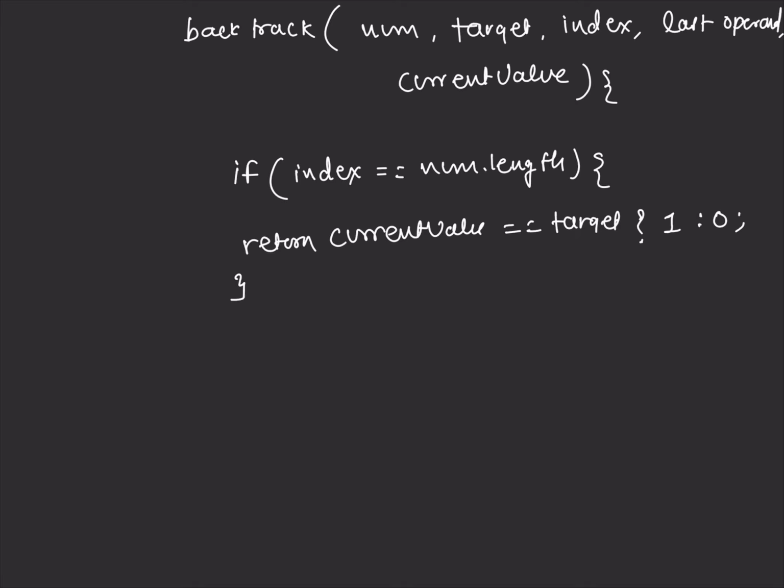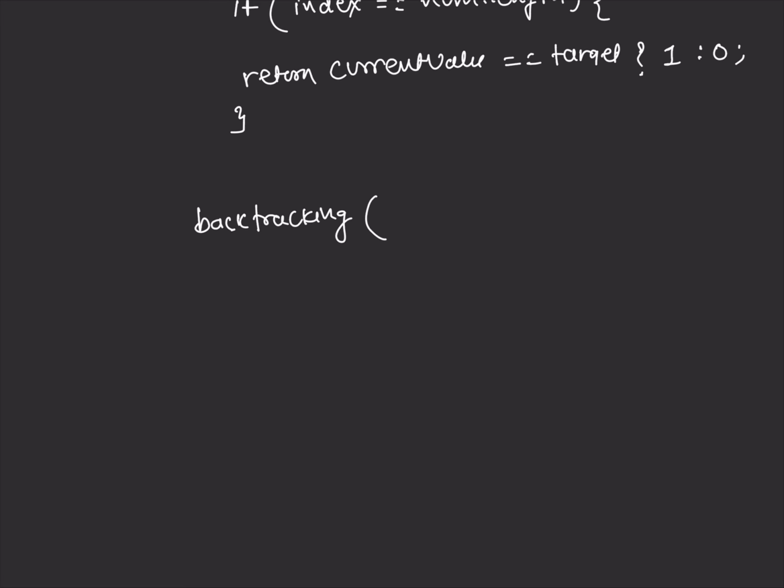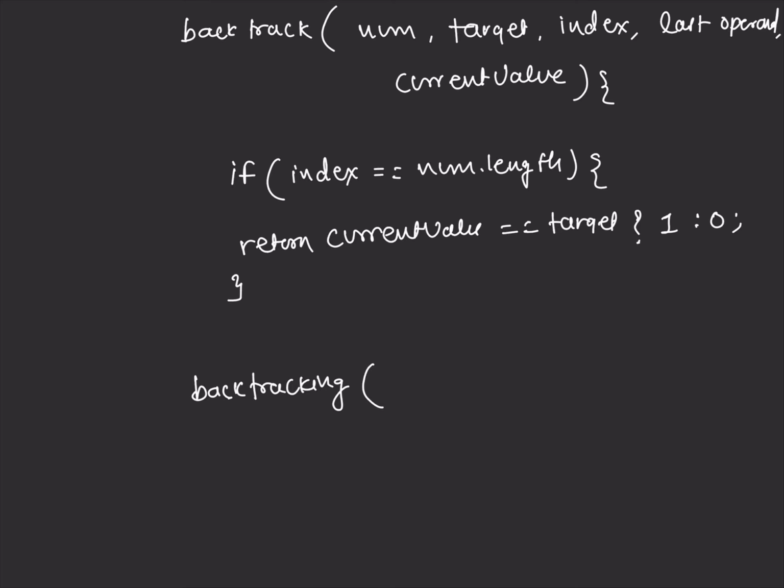Next, now we need to do backtracking here. So the first function call is recursion backtracking. First we need to find the current digit. So int digit equals num of index minus '0'. Num of index is a character, so character minus '0' we will get the digit.